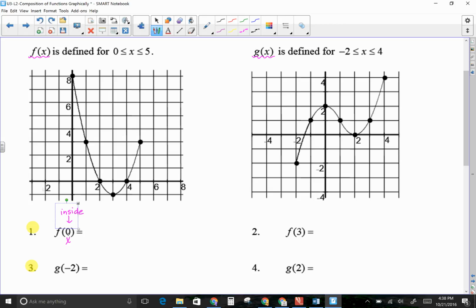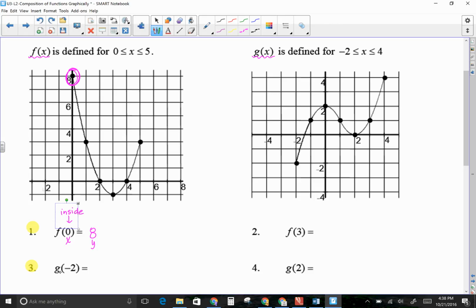And so you're going to find 0 on the x-axis. Here's my x-axis, 0 is right here. You go up and find the graph, and it's equal to 8. So that is 8, the y-coordinate of your function. We'll circle that so you can refer back to it if you need to.